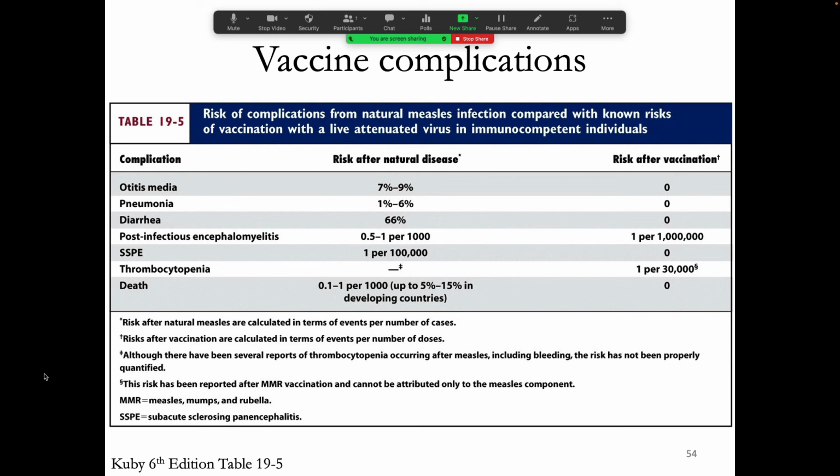If you get your vaccine, and then you leave and you get hit by a car, you are counted as a vaccine-induced death. Anything that happens to you medically.